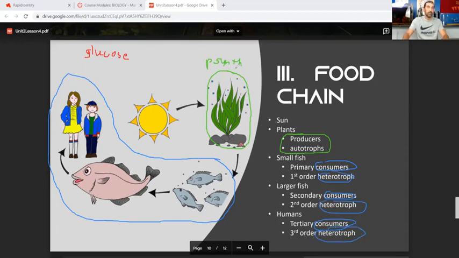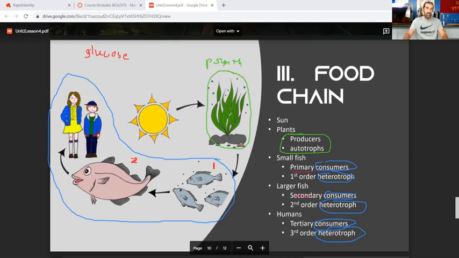Now you can see that this actual food chain will differentiate between primary, secondary, and tertiary. Well, it's easy to figure out how to differentiate. All you do is figure out what the first thing to eat is. The first thing that eats is these small fish, so they are primary consumers. The second thing that eats is this large fish, so it is a secondary consumer.